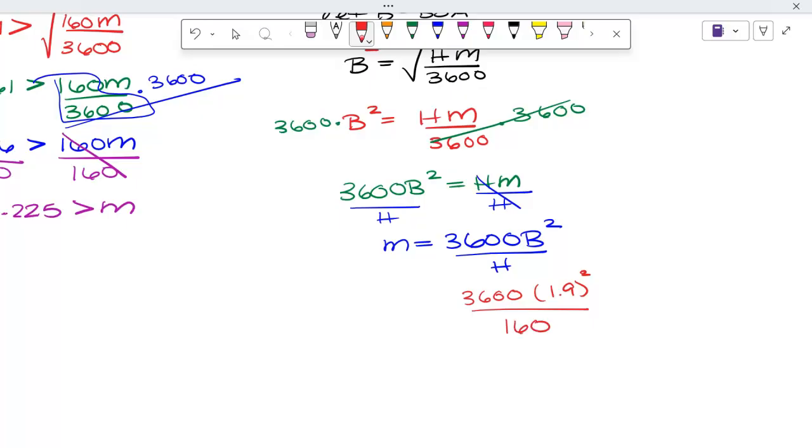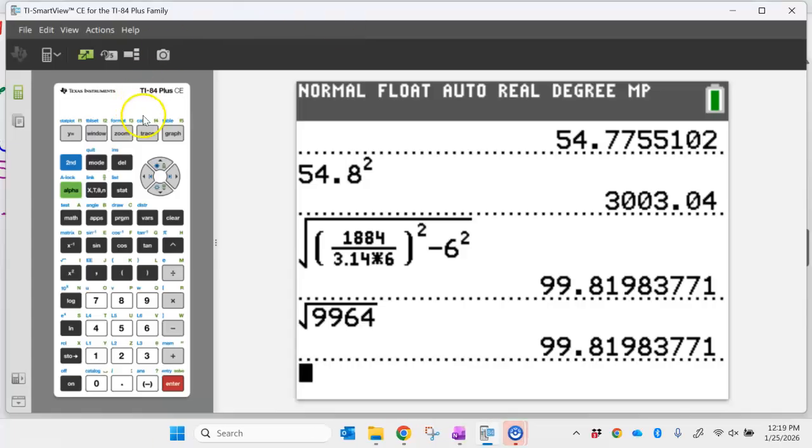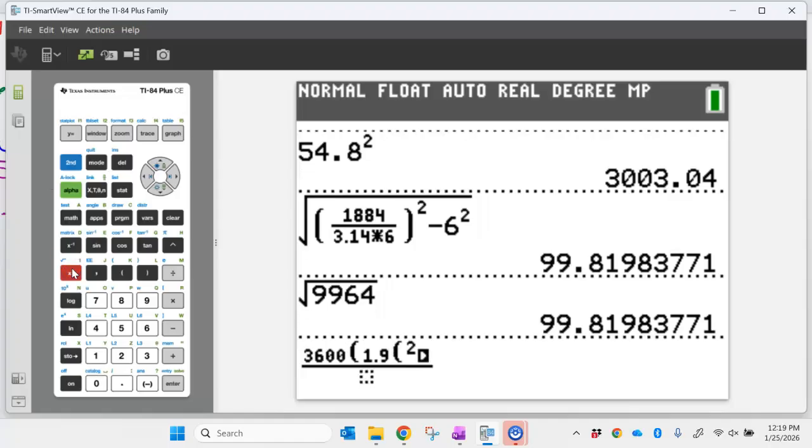And so when we would take that and put that into our calculator, let's do that. So at that point in time, we'd have 3,600 times B squared, so 1.9 squared. Oops, I'm sorry, I did my parentheses the wrong way.